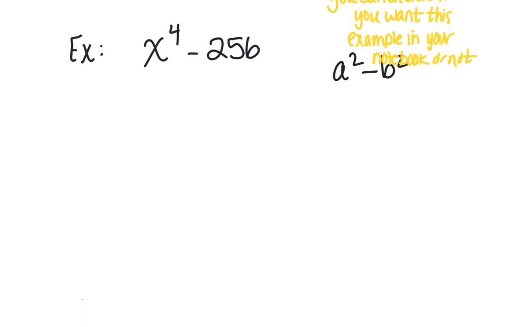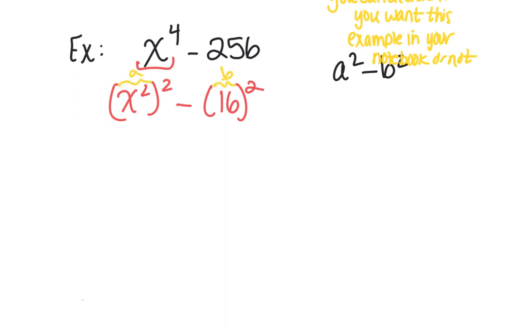And so when I do that, I'm noticing that this is the same as x squared minus, and then the square root of 256 is 16. So I'm going to say this is the same as 16 squared. And what this does, you guys, is it allows me to think of this as my a and this term as my b. And then we're going to do a squared minus b squared.